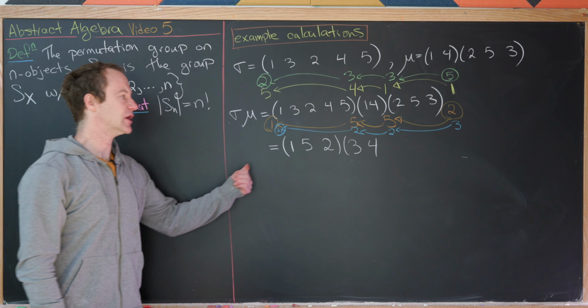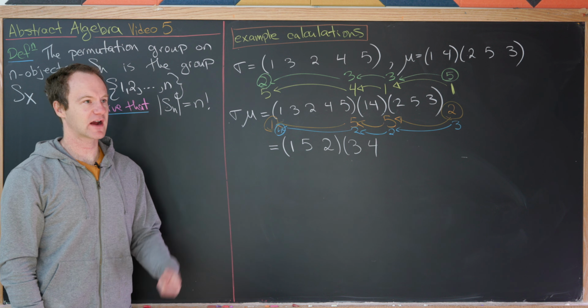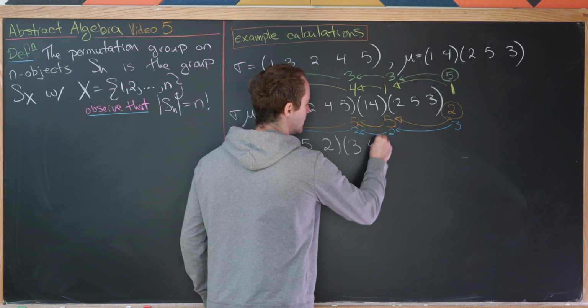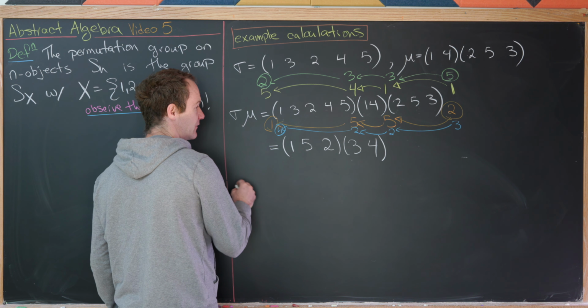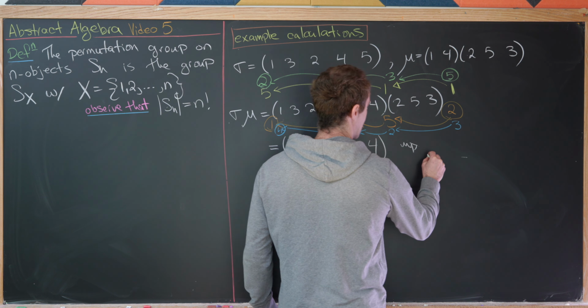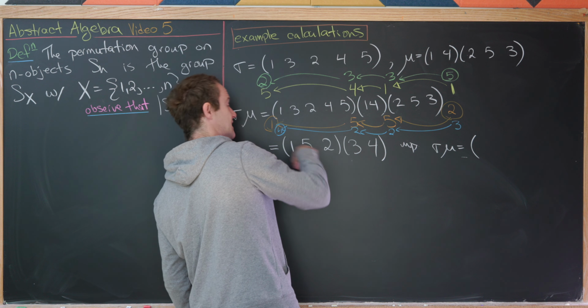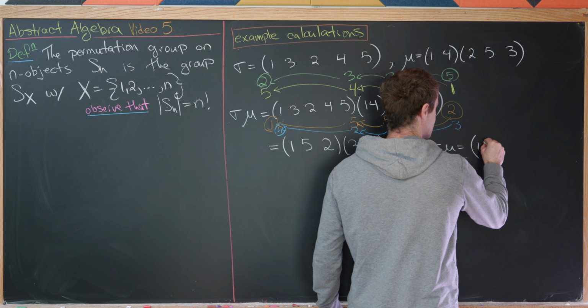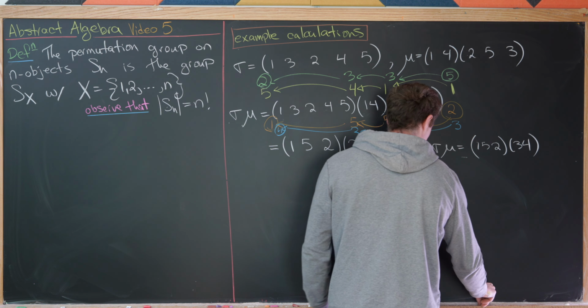In fact, we know immediately that 4 has to be mapped to 3, given injectivity. So that means we can close this off. Now in the end, if we put this all together, sigma composed with mu is this product of our 3 cycle and our 2 cycle: 1, 5, 2, and then 3, 4.